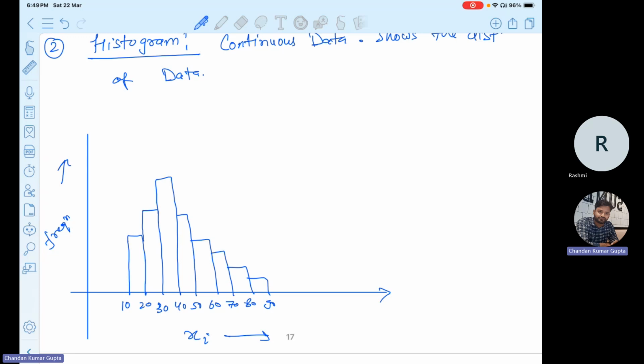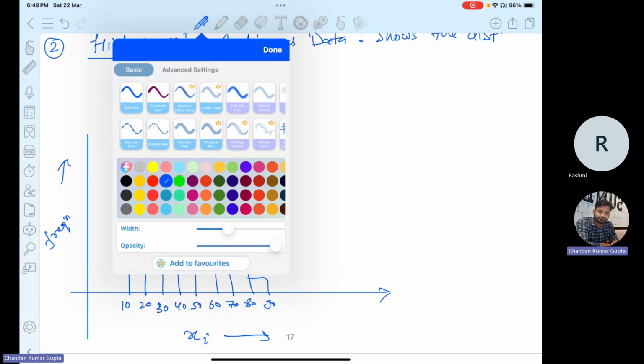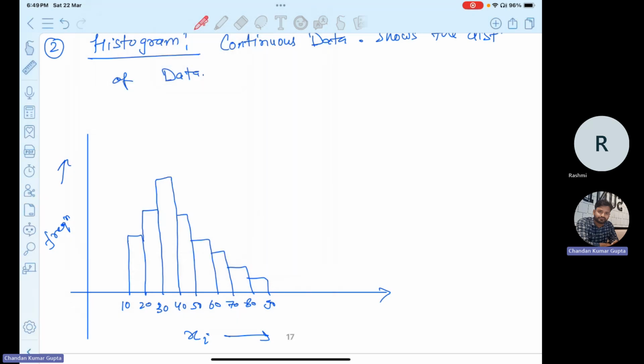Here you can see, if you focus on the red curve, you will find that more than half of the data lie within the first half.